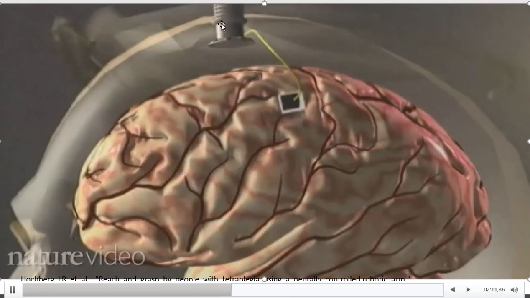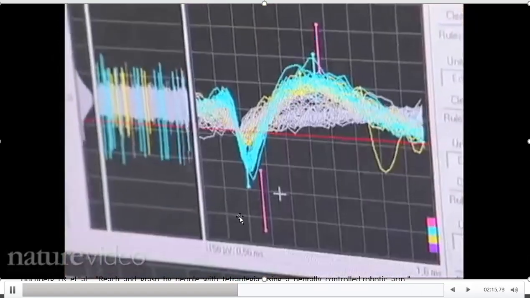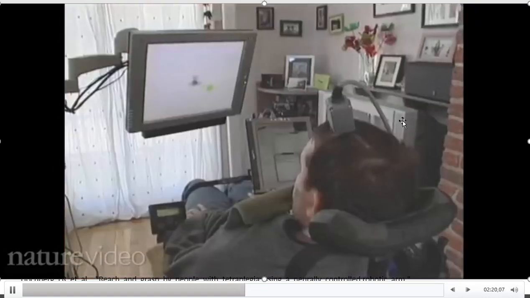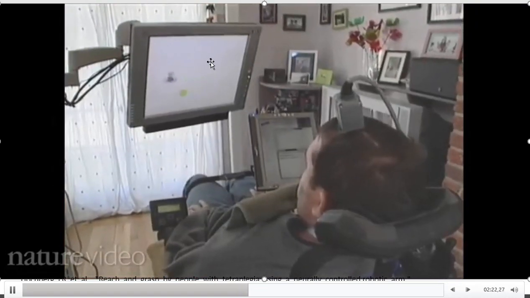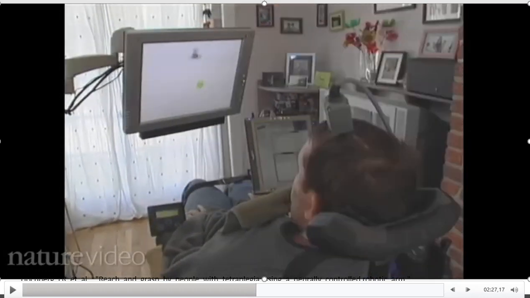So we have a gate to the brain, and those tiny electrodes are connected to the motor cortex of the human subject, and these are basically the signals coming out of the brain, and they are being translated in real time to control a computer cursor or an external robotic arm.